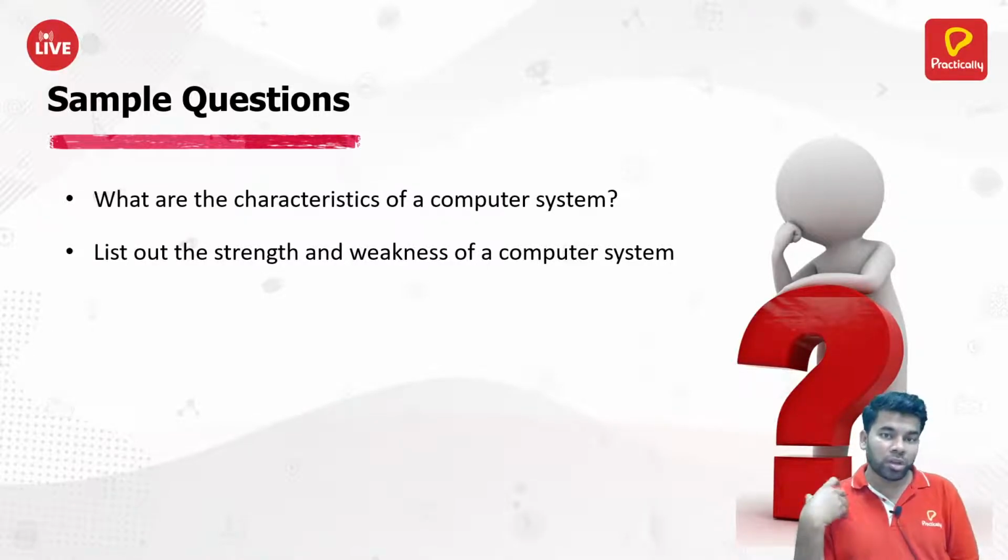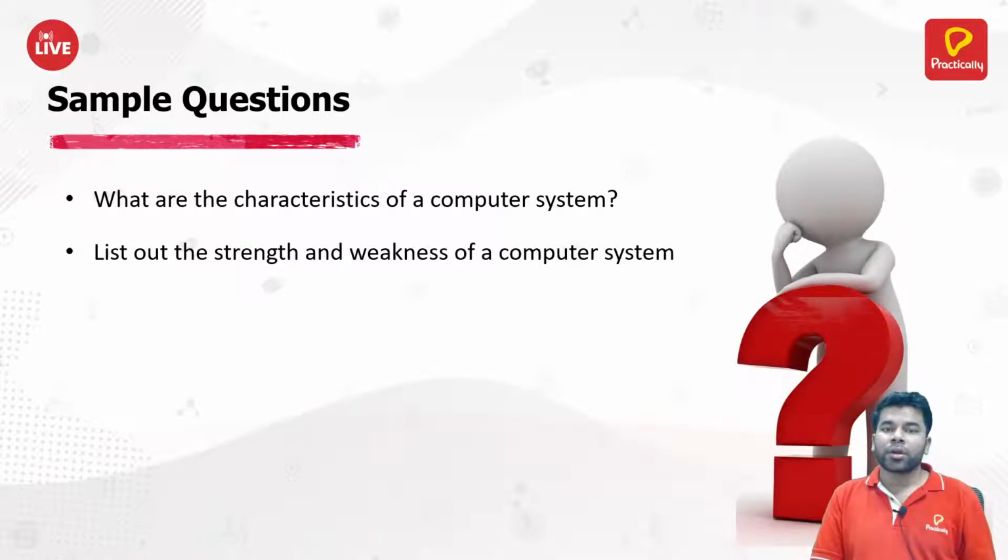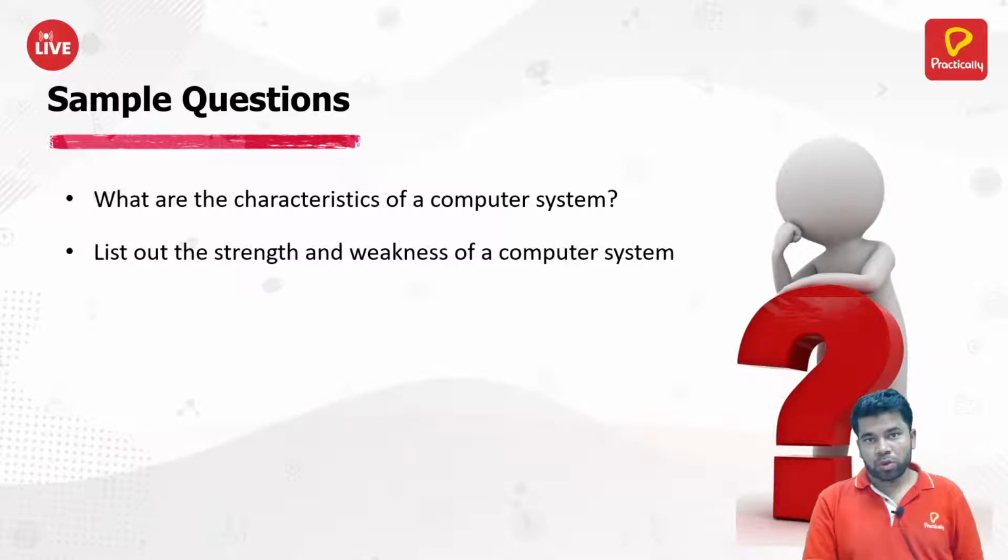Whenever the user gives an instruction to the computer system, only then will the computer perform the work. The computer has no IQ and lacks common sense. The computer is totally dependent on the power supply. Just as we need to recharge our mobile phones, we need to give current to our computer system, then only will the computer work. These are the weaknesses of the computer system.